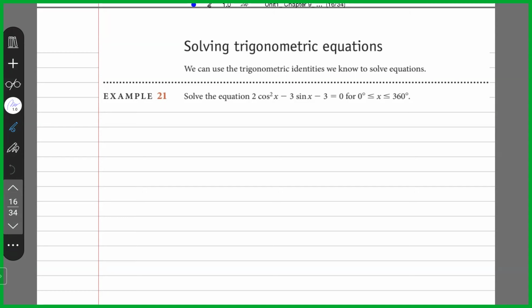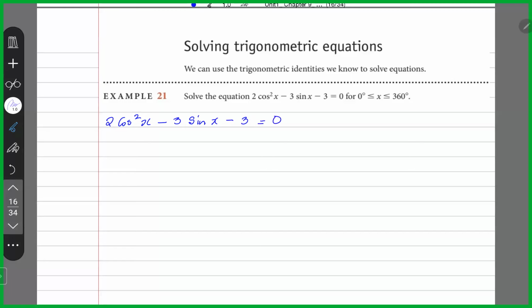Example 21 says, solve the equation 2 cos squared x minus 3 sine x minus 3 is equal to 0.